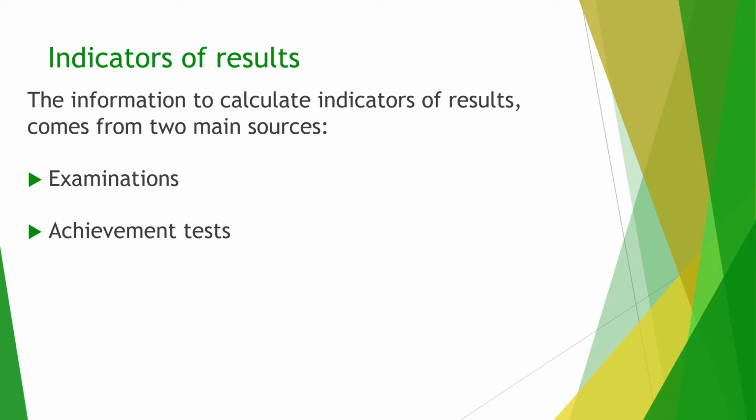It is a long debate. At the moment, achievement tests are very popular, probably, I would believe, more popular than they actually should be. I will explain in a moment what I mean with that.